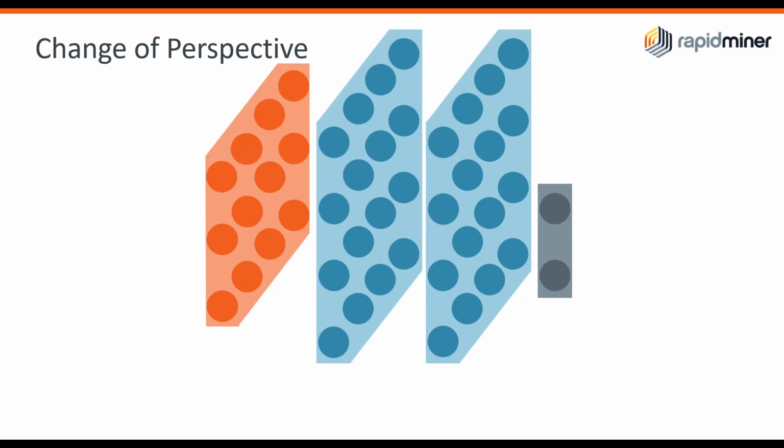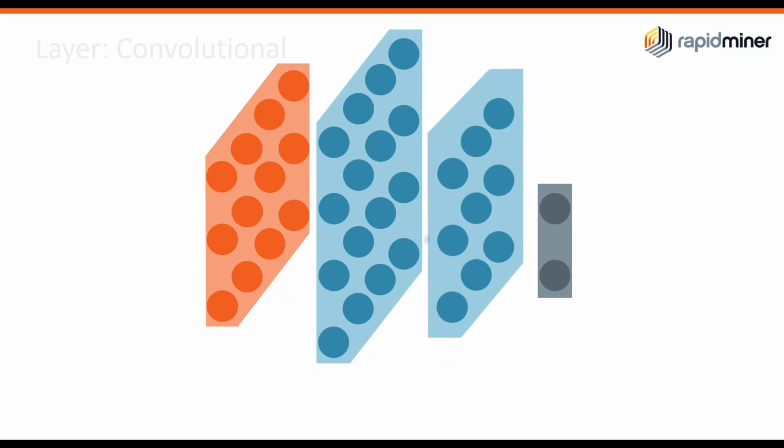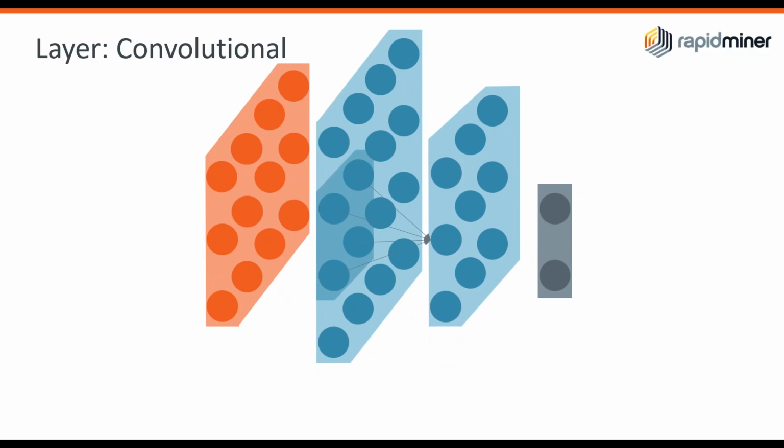What we're going to do here is go to a new type of layer, which is called a convolutional layer. So you should see that 4 neurons in the first hidden layer are in some kind of dark bluish region. And these 4 are connected with 1 neuron of the second hidden layer.